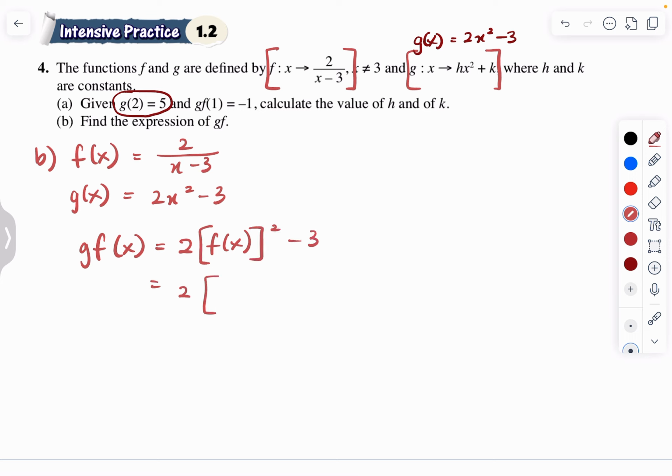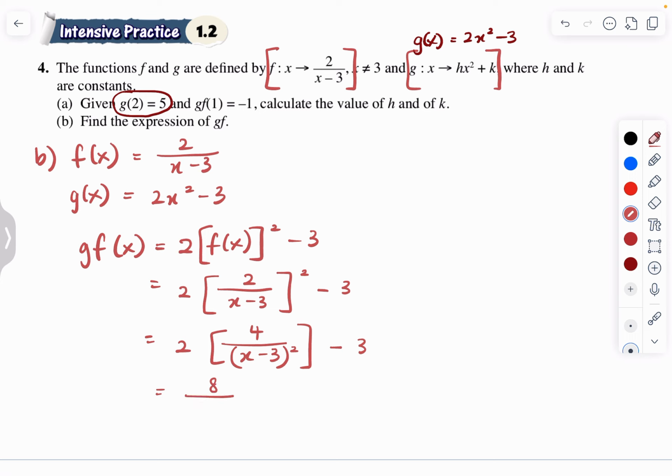So 2 times (2 over x minus 3) squared minus 3. So 2 squared is 4. (x minus 3)² we just leave it, minus 3. 2 times 4 is 8. 8 over (x minus 3)² minus 3. Okay, so here we have to make the denominator the same.